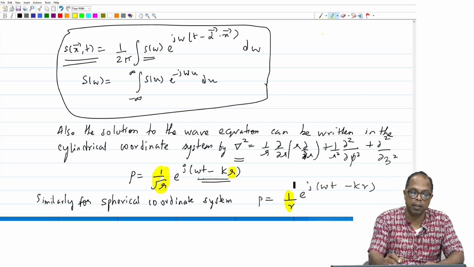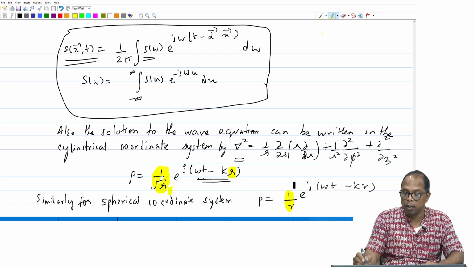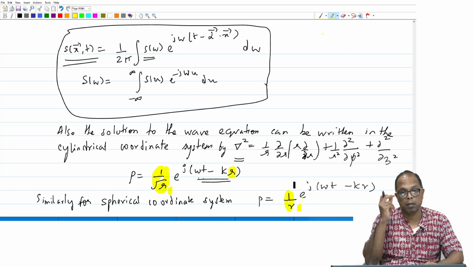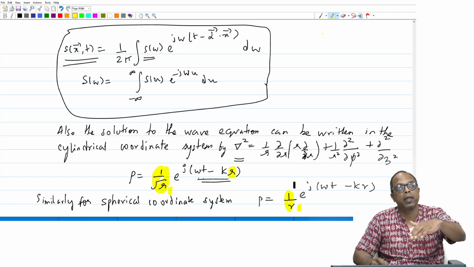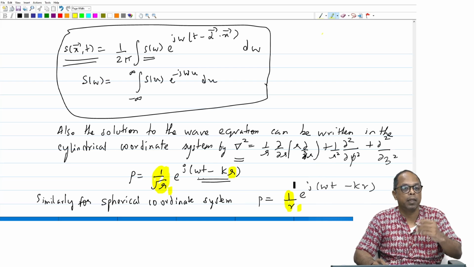For the cylindrical coordinate system it was 1 over square root r, but here it's 1 over r. It goes down quicker. The amplitude goes down quicker in range in comparison to the cylindrical wave.